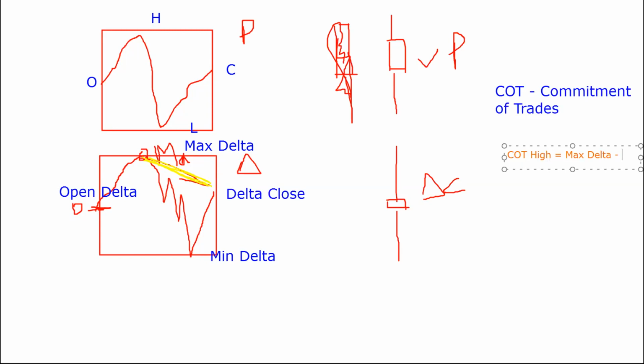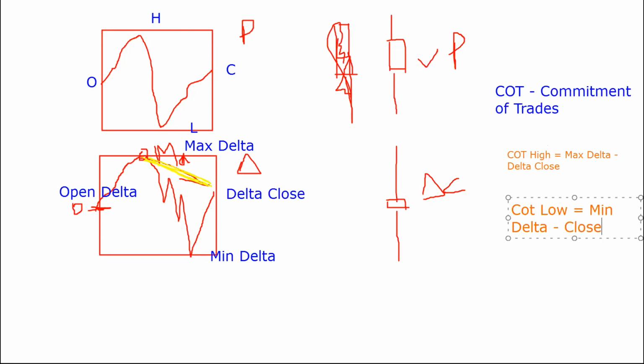Max delta minus delta close, you'll be getting a COT high, and the COT low is like min delta minus delta close. We will take the absolute value of it, so the value will always be positive. So when you are getting this information, then you try to plot on the charts.